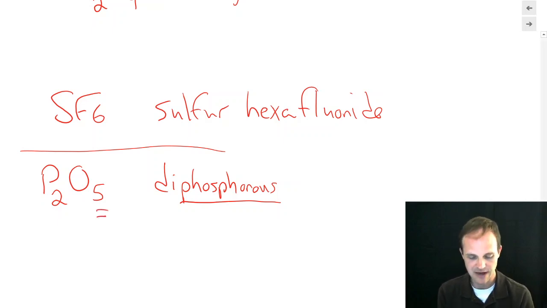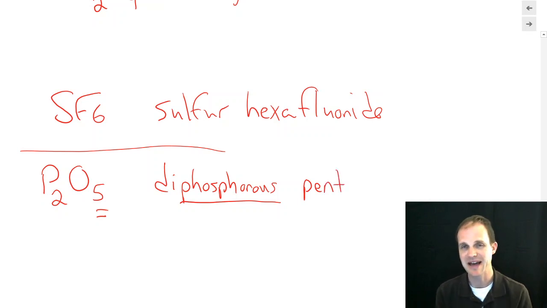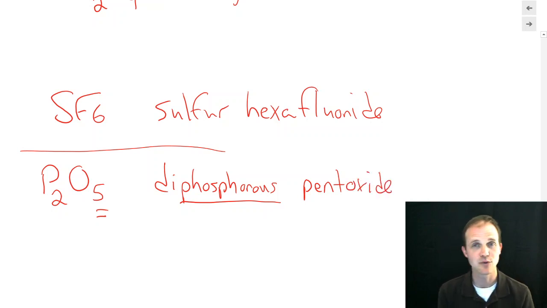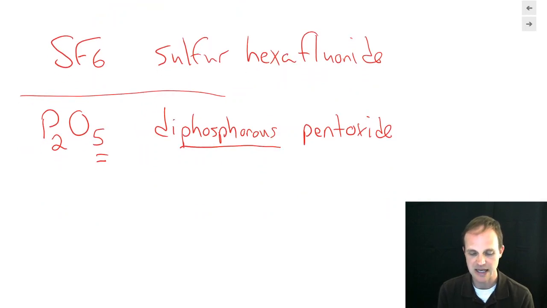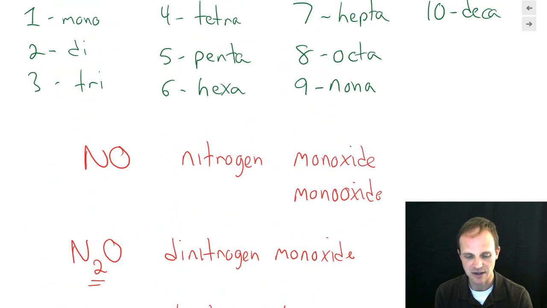And then do you remember what 5 is? It was penta. And again, we've got that pentaoxide, but most people will just write pentoxide. But if you write pentaoxide, that's perfectly fine by me. So diphosphorus pentoxide. So we can go from a formula to a name to a formula. Just remember to count everything as we go.